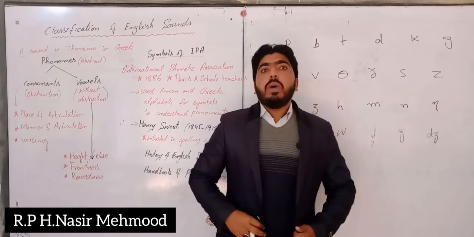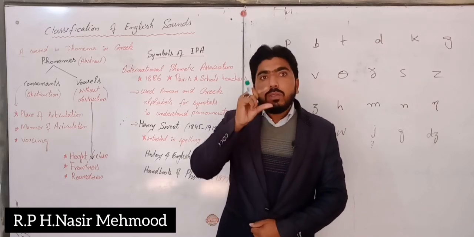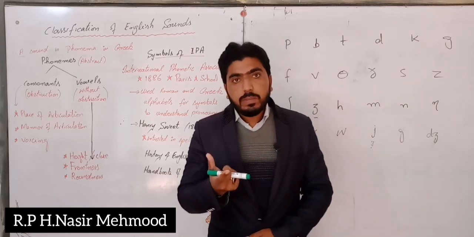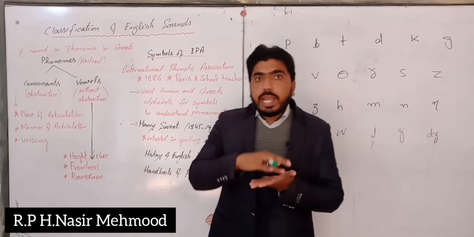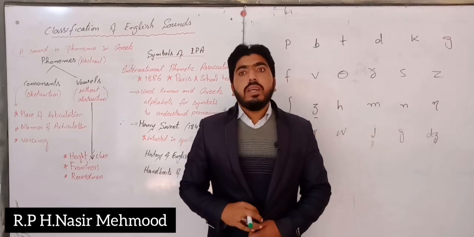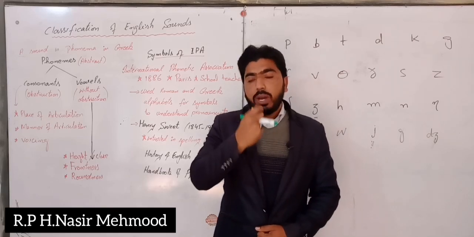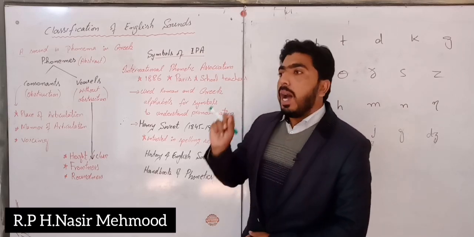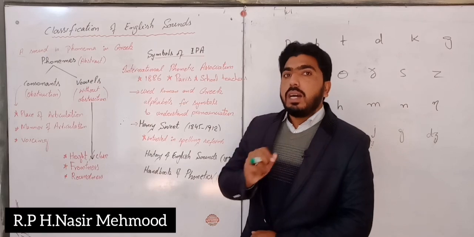For example, when I pronounce the sound b, the two lips are joined together. This is the full closure. Speech organs are completely in contact with each other, so there is full obstruction in the way of air. Sounds which are produced with full or partial obstruction of air are called consonants.